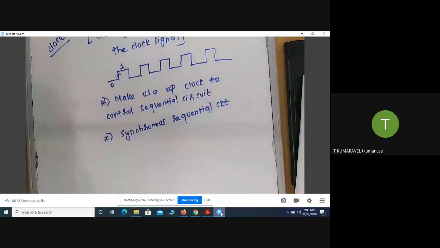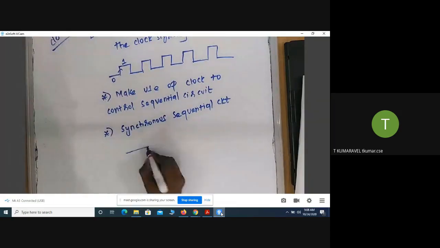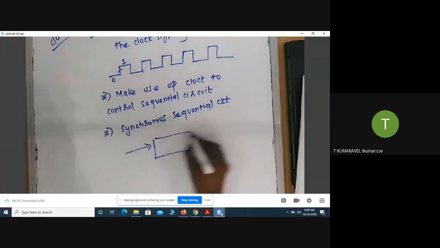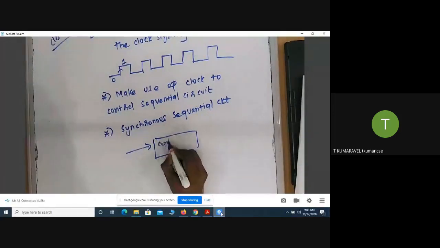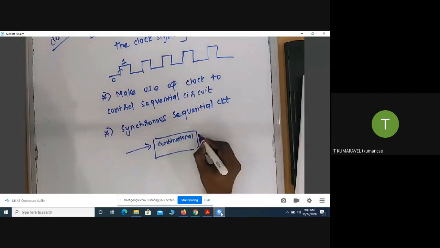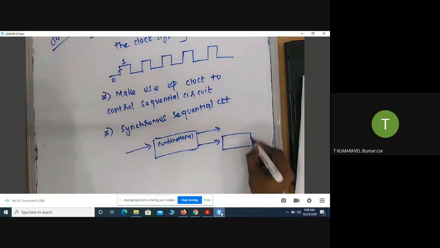For example, I will show it in diagrammatic way. Here is how the sequential circuit appears: the combinational circuit produces two outputs. One is the output, and the other is stored in the memory element.